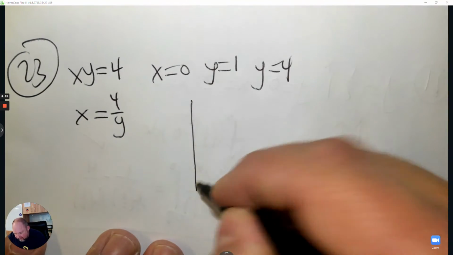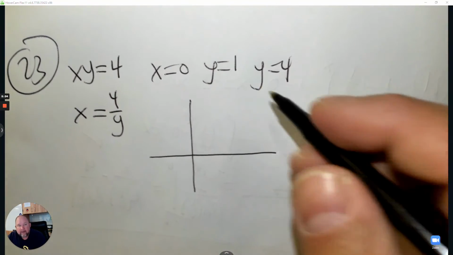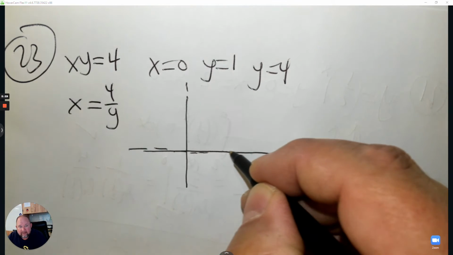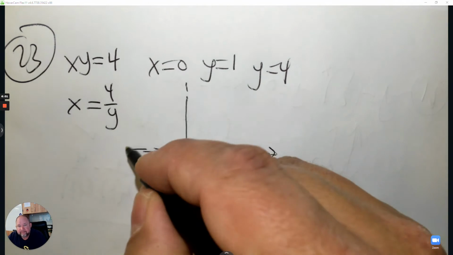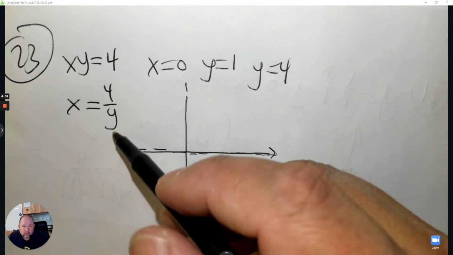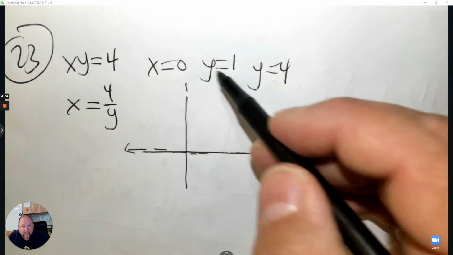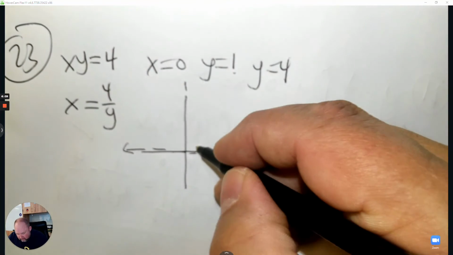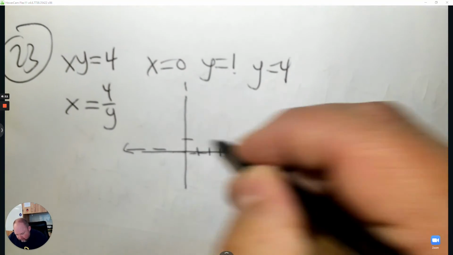If I was going to graph this, I know at y equals 0, which is right here, there's an asymptote. And if I plug in 1, the answer is 4. So at y equals 1, x is 4.